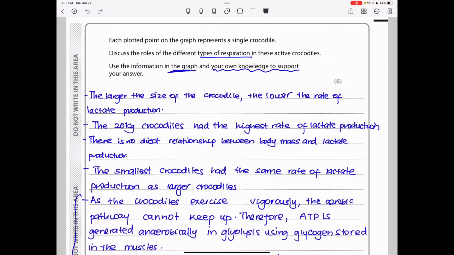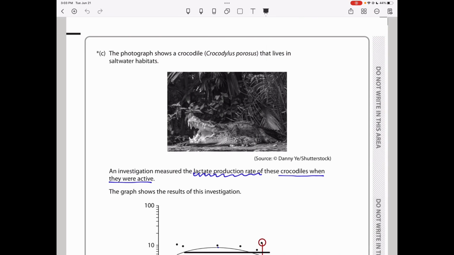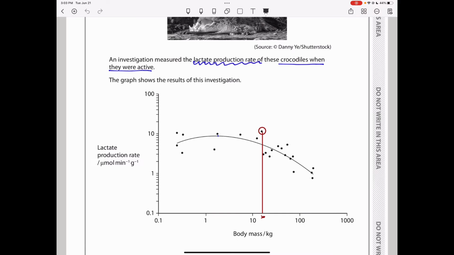So I answer this question as follows, again referring to the graph that we have. Before I answer, let me first take you back. So here we have this graph we were given. We can see that overall lactate production actually decreases as body mass increases. However, we can see there is no direct relationship.